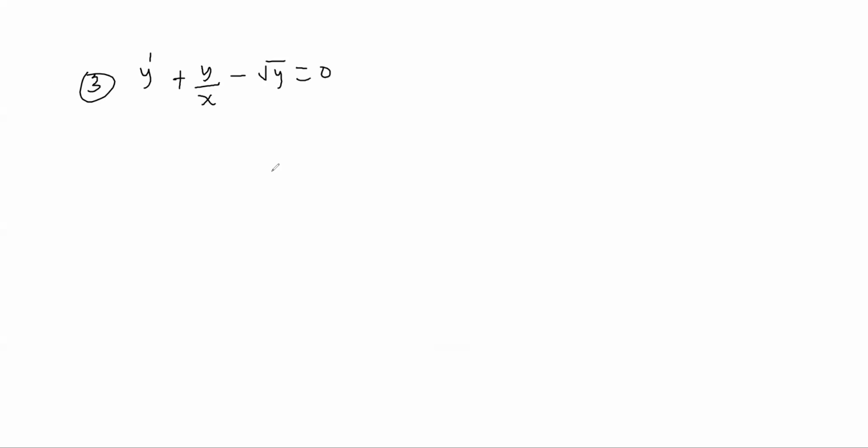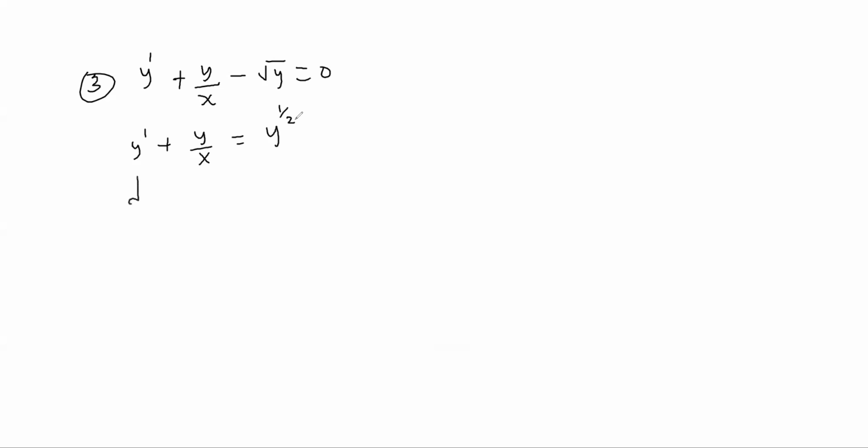Okay, so let us solve this. So this is what I will do. I'm going to send this across. So I will have y prime plus y over x equal to positive y raised to the half, because I want to find my n.